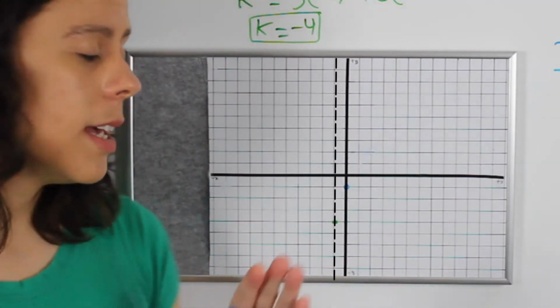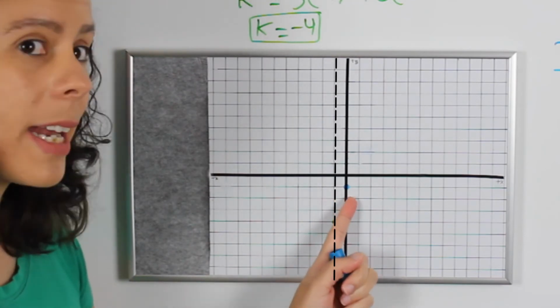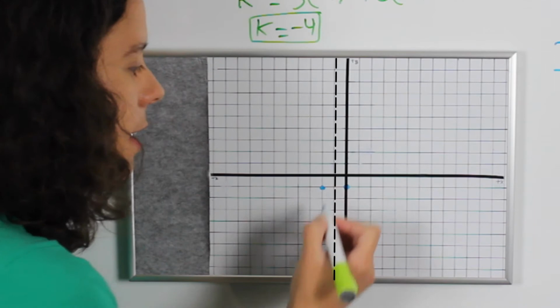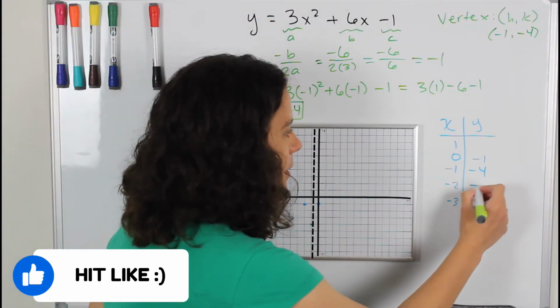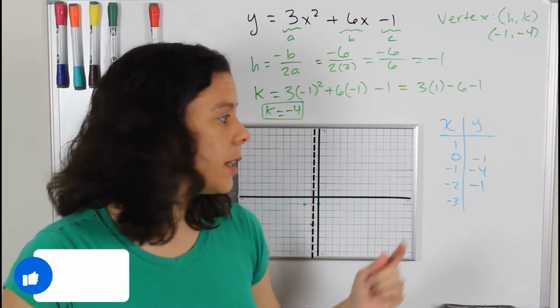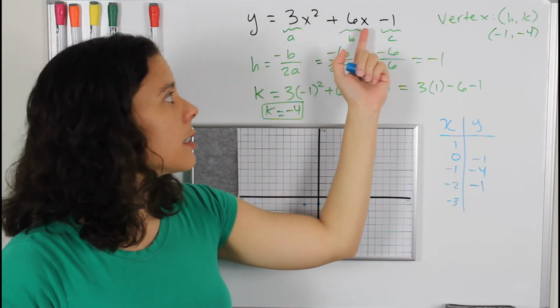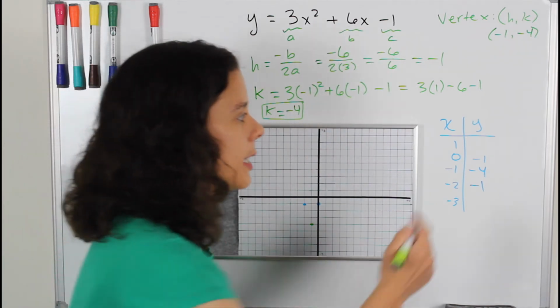And because, like I mentioned, this is an axis of symmetry, we're also going to have that exact same point on the other side. So we're going to have a point at (-2, -1). And then we do the same thing for 1. We put it here. 3 times 1 is 3, plus 6 times 1 is 6. So this would be 9, minus 1 is 8.